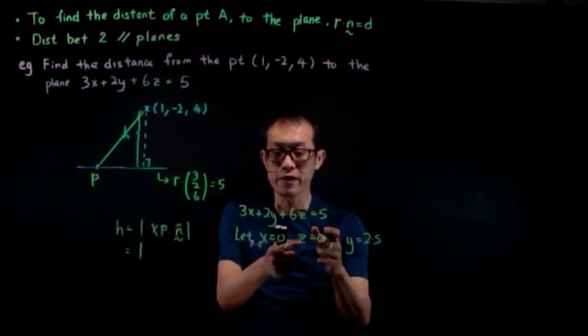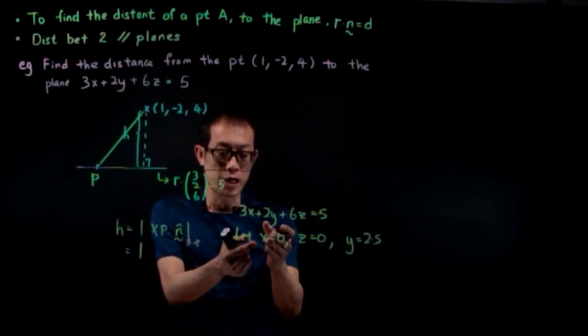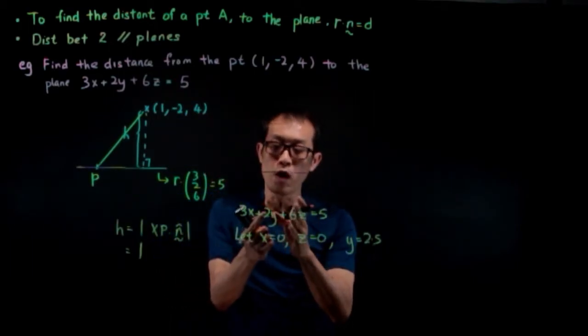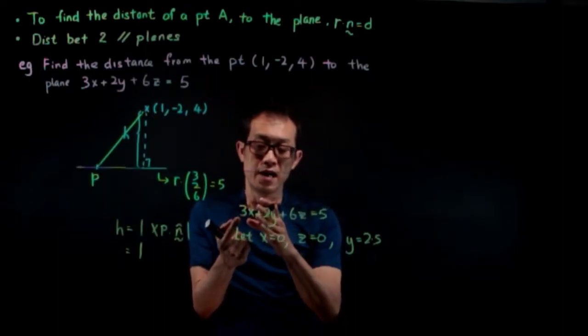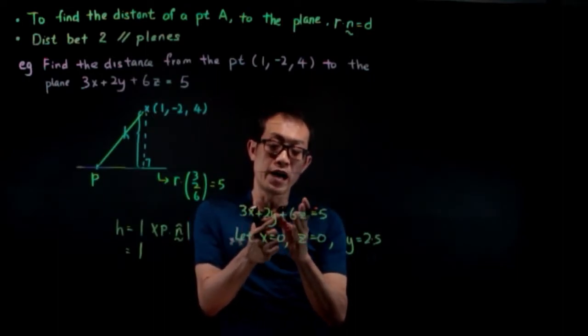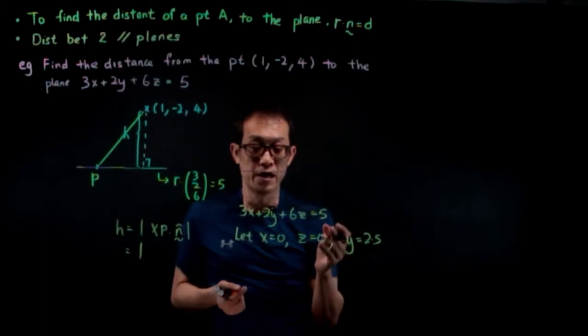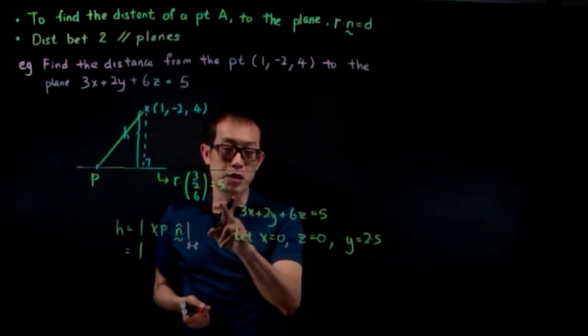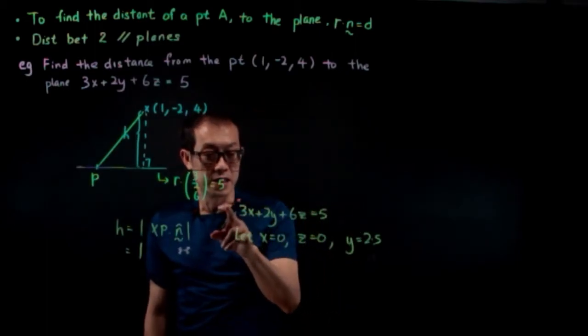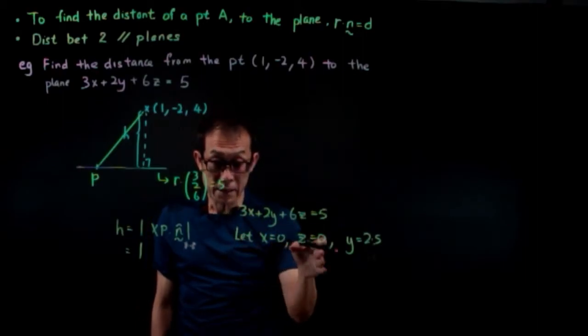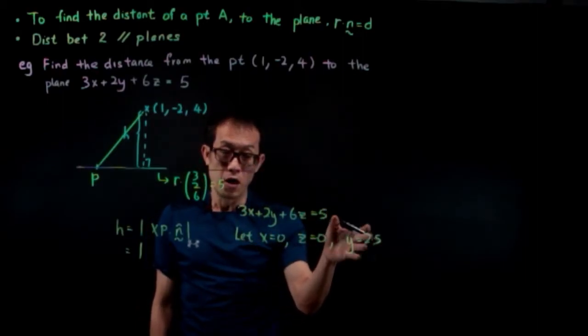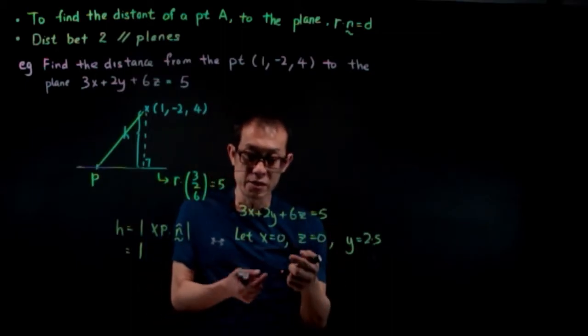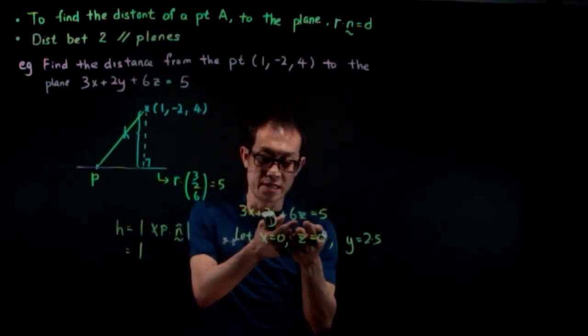You can let two of the unknowns be any number. Then based on that, the third one must satisfy this equation, and that point will be on the plane. So I think it's very easy to put x is 0 and z is 0 in this case.